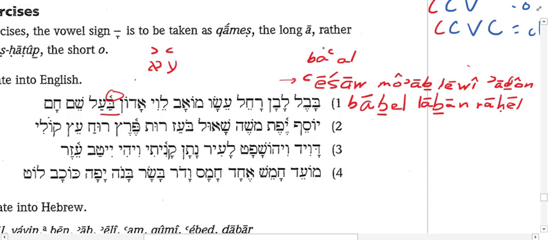So over here, I am going to put an accent mark over the A in Baal. Baal. And this is the name of the Canaanite deity, Baal. Or some people pronounce his name Baal.